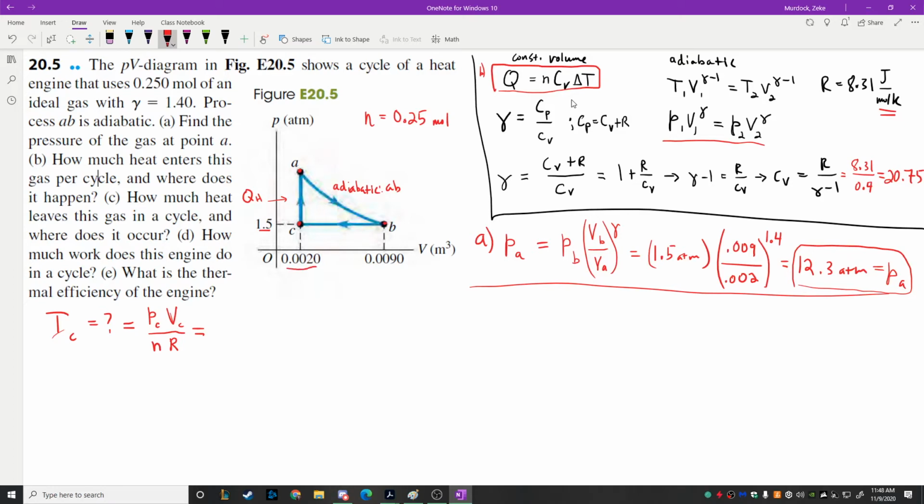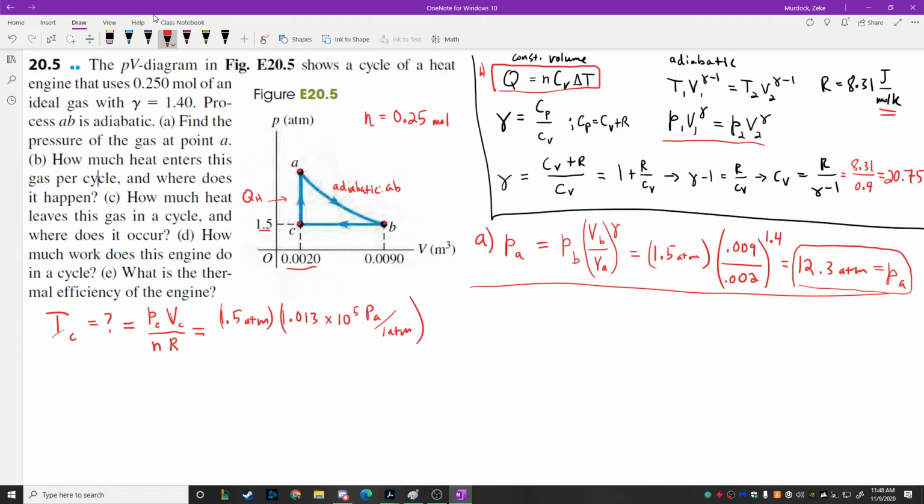We're given volume in meters cubed, so what I did was I took 1.5 atmospheres and multiplied it by 1.013 times 10 to the 5th pascals per 1 atmosphere.